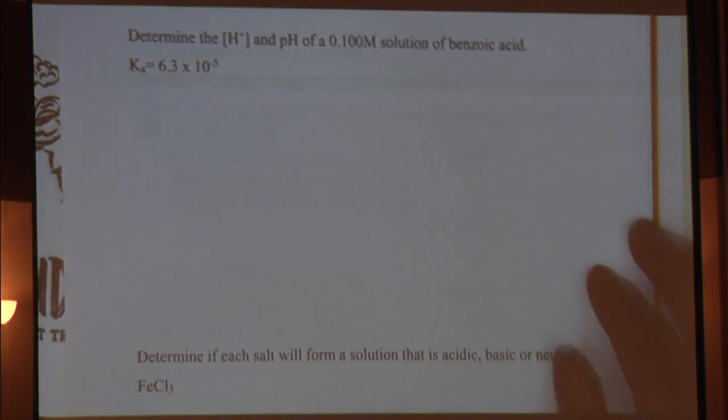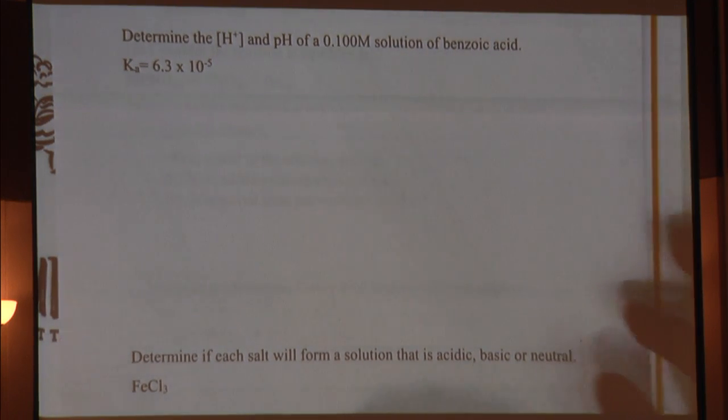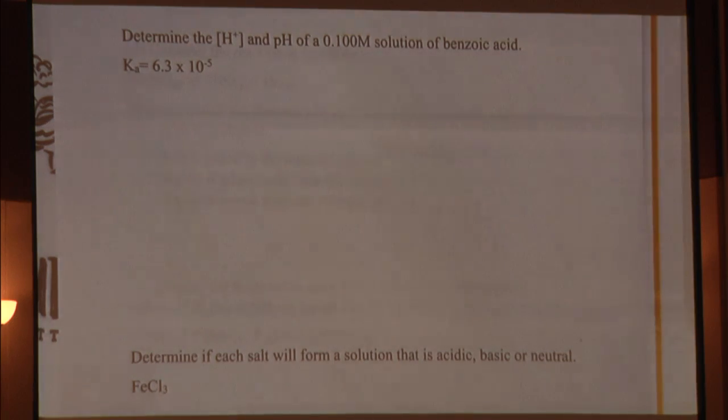This example problem has us determining the concentration of protons and the pH of a 0.1 molar solution of benzoic acid. And we are also given a Ka for this benzoic acid.